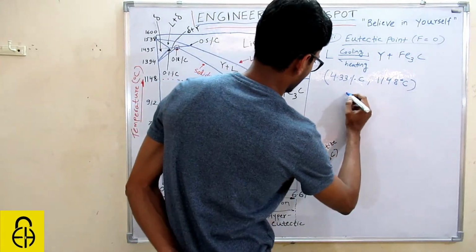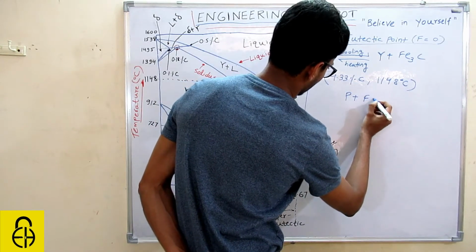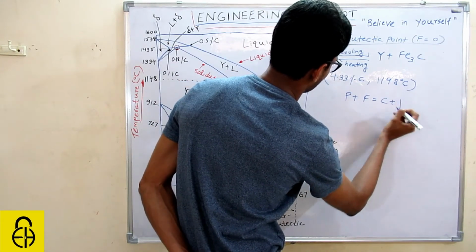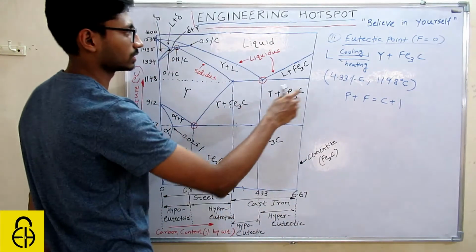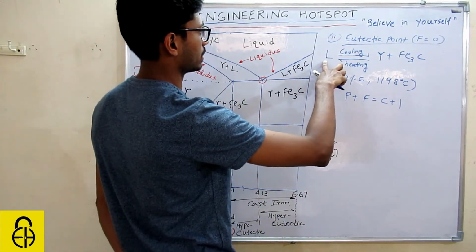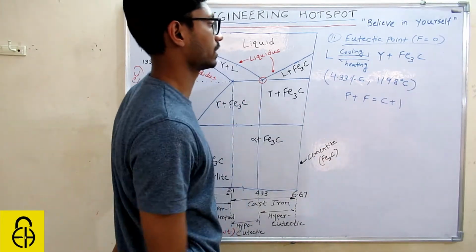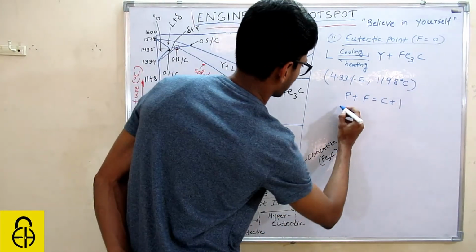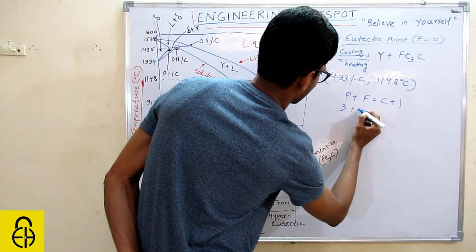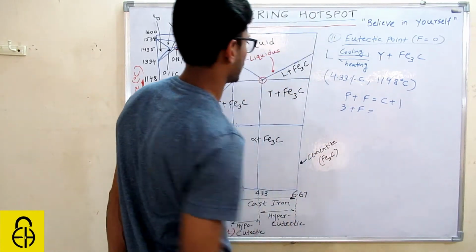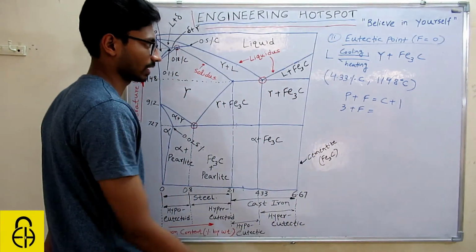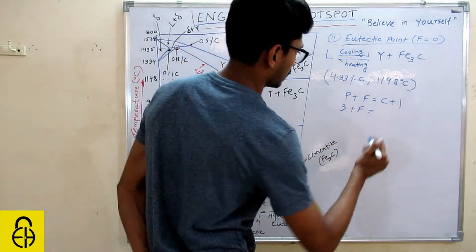Let me prove it. P plus F equals C plus 1 according to the modified Gibbs phase rule. You can see three phases are there: the liquid phase, the gamma phase, and the third one Fe3C. So P is 3, and there are two components, iron and carbon.